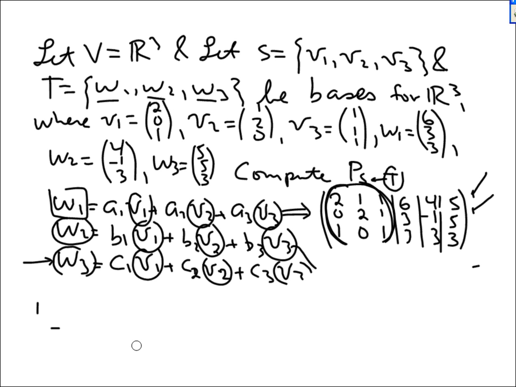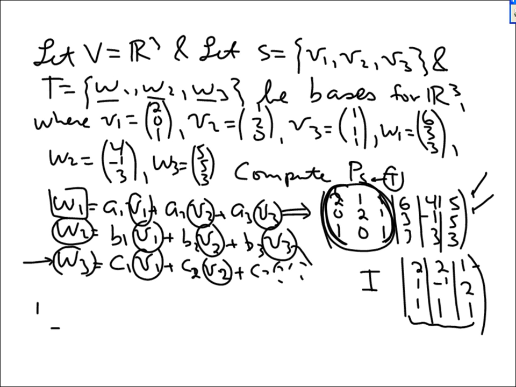Now, it turns out that when you reduce this matrix, this left-hand part becomes the identity. And then you get 2, 1, 1, 2, negative 1, 1, 1, 2, 1.